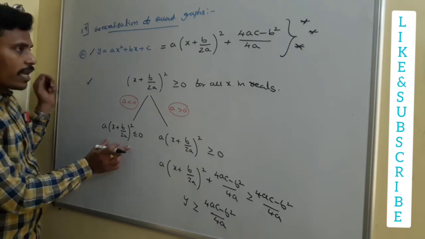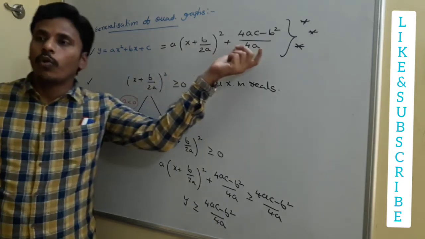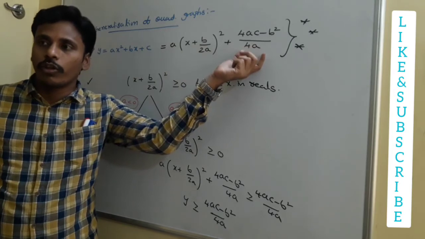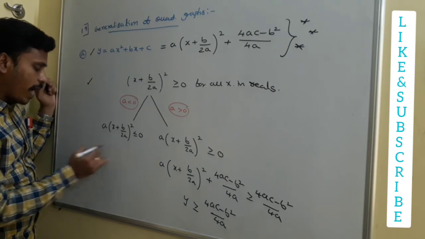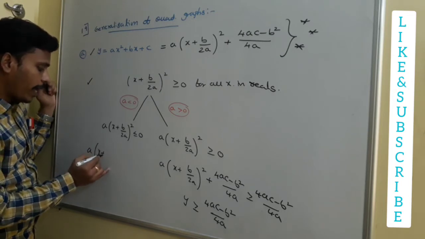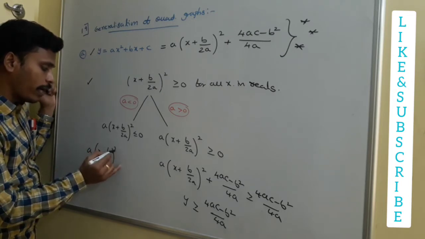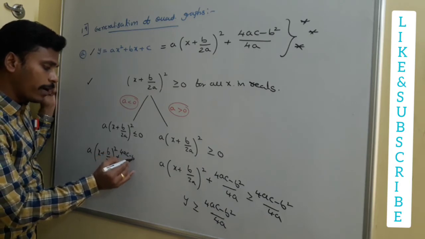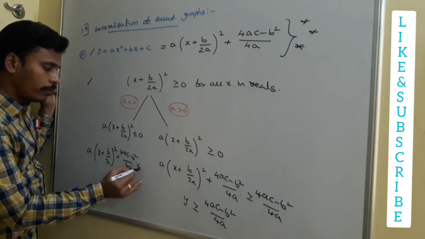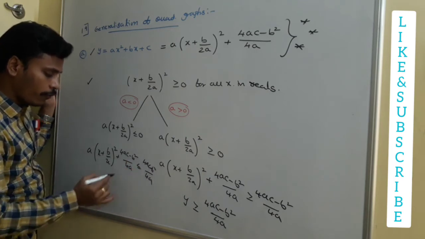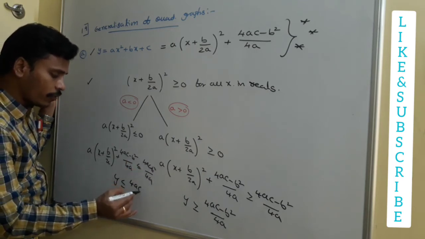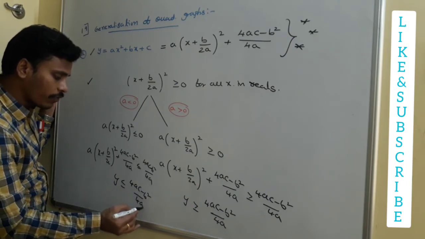And since this is less than or equal to 0, we need to add this (4ac minus b square) by 4a both sides. And if you add, what will happen? Again, if you add here, this is a into (x plus b by 2a) whole square plus (4ac minus b square) by 4a is less than or equal to (4ac minus b square) by 4a, and that y is less than or equal to (4ac minus b square) by 4a.